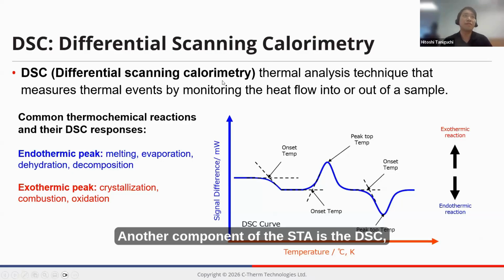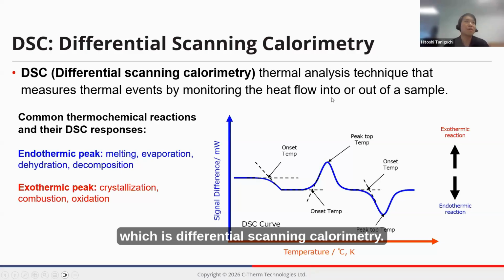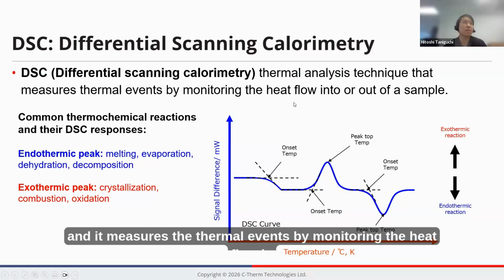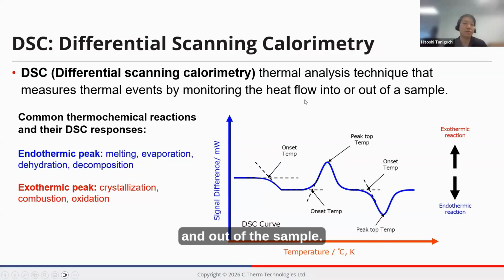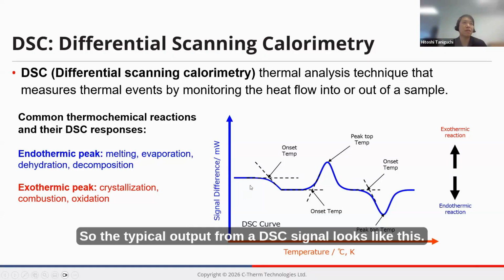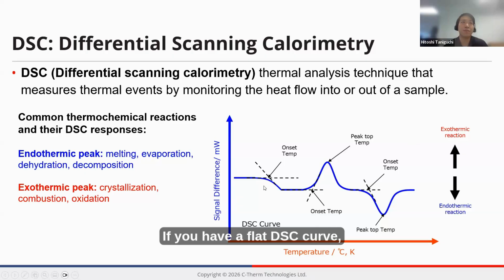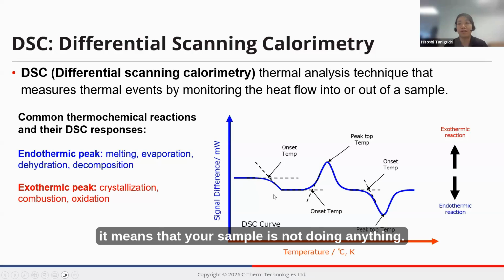Another component of the STA is the DSC, which is differential scanning calorimetry. This is a very common thermal analysis approach, and it measures thermal events by monitoring the heat flow in and out of the sample. The typical output from a DSC signal looks like this. If you have a flat DSC curve, it means that your sample is not doing anything.